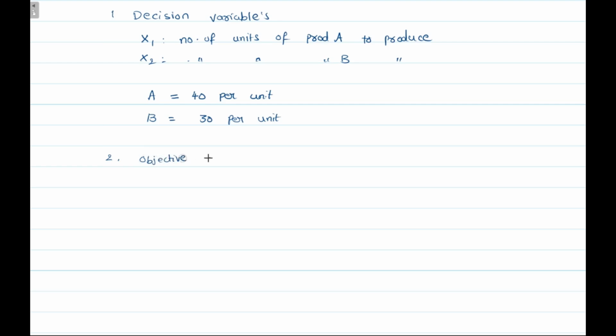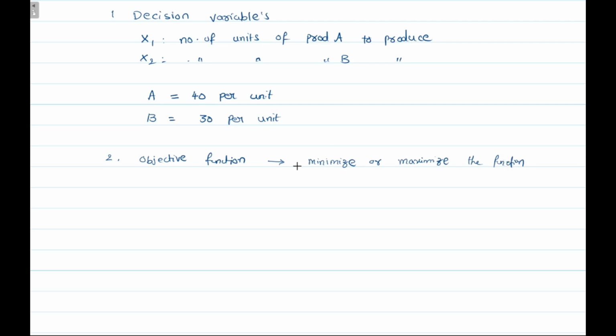Objective function. The objective function will either minimize or maximize the function. Okay, minimizing or maximizing the function.